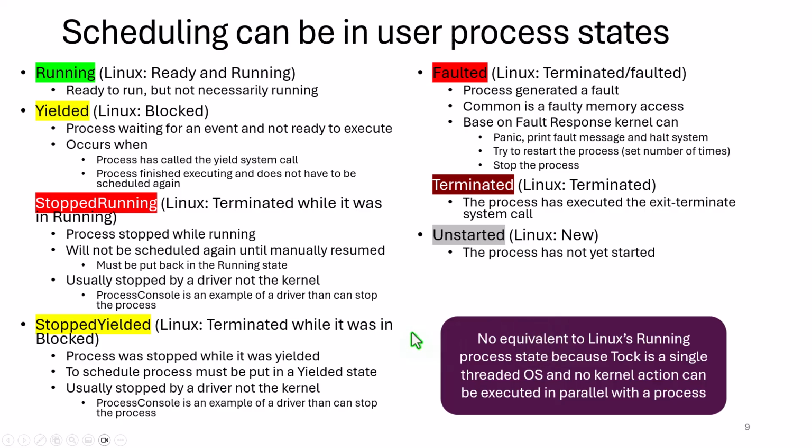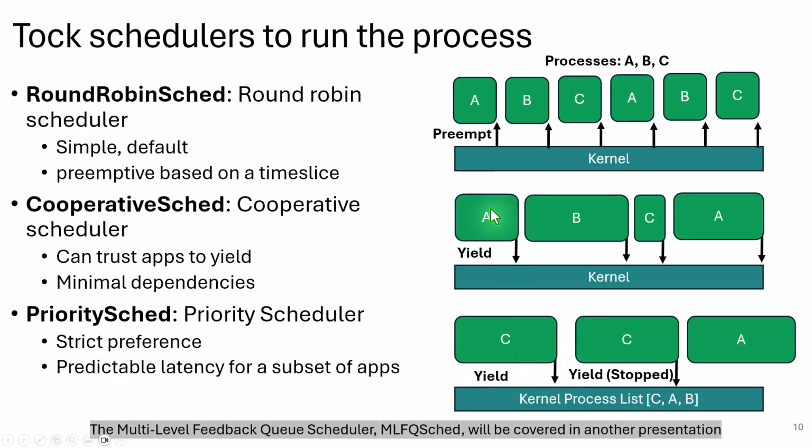Now, we've talked about scheduling and looked at the states. Let's look a little more at the details on the schedulers. The round robin scheduling with preemptive scheduling is called round robin sched, and you can look that up in the Tock code. That's the name of it.